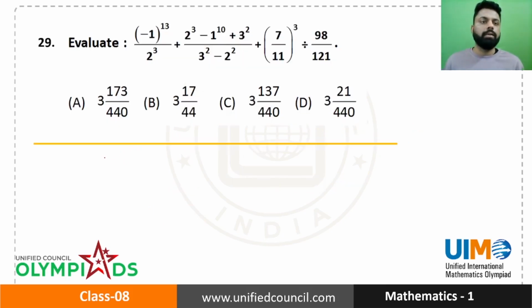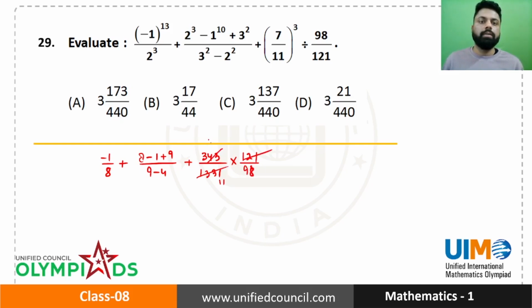Evaluate this. Minus 1 raised to the power 13, that is minus 1 upon 8, plus 2 cube is 8 minus 1, plus 9 upon 3 square is 9 minus 4, plus 7 cube is 343 upon 121 into 11. Then it will be multiplied by 121 upon 98. This is 11 times.